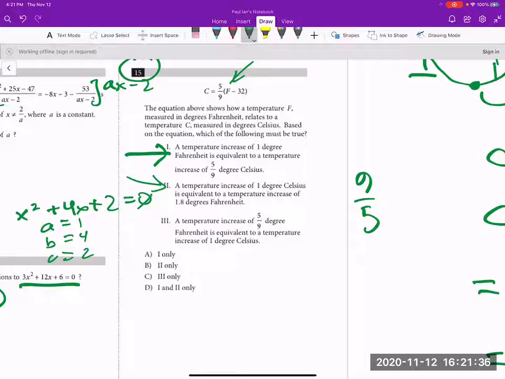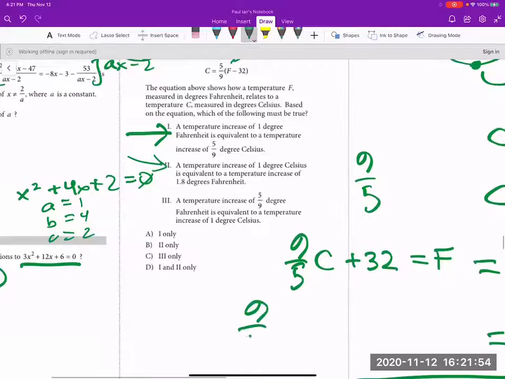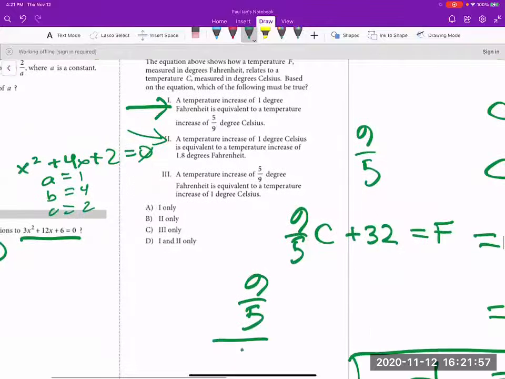This one is the opposite of the other one. So let's say 9/5 C plus 32 is this, and then 9/5 over 1, this is F, and this is C.